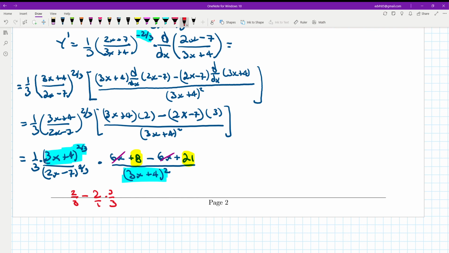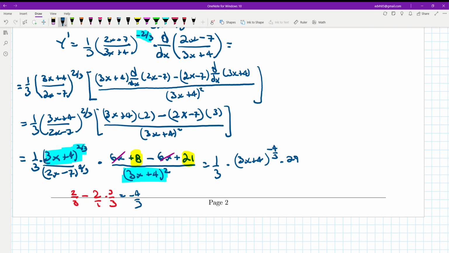So we are going to end up with 1/3 times 3x plus 4, and the result of combining these two is 2 minus 6, negative 4/3, and that times 8 plus 21, that's 29.